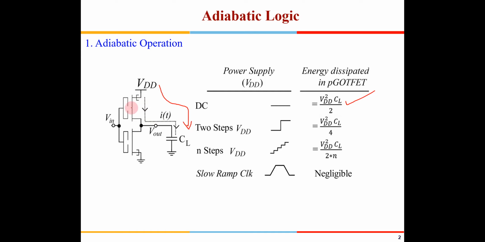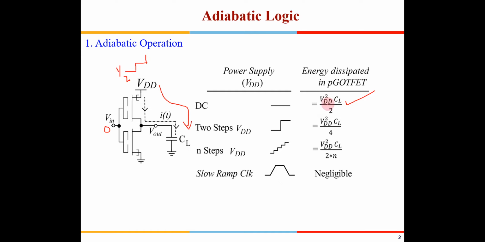Now instead of doing that, I am giving initially VDD by 2 and then I am giving VDD here. I am giving this power supply in 2 steps. Initially it is at 0, and then I am increasing the VDD to half, and then I am increasing to 1.